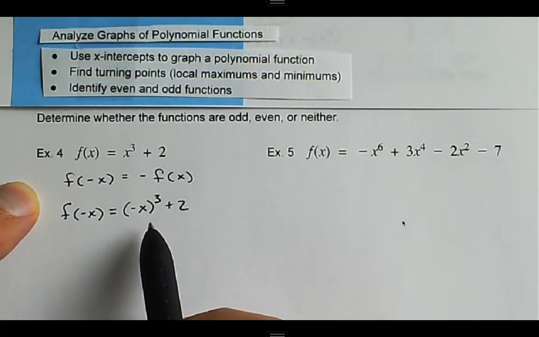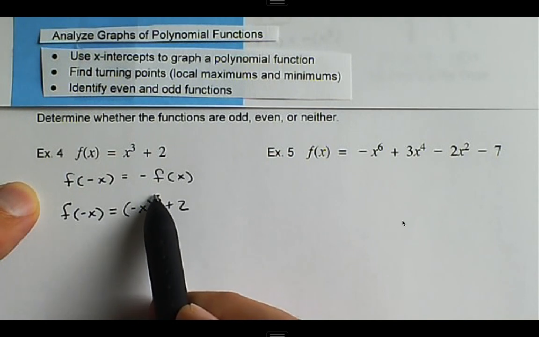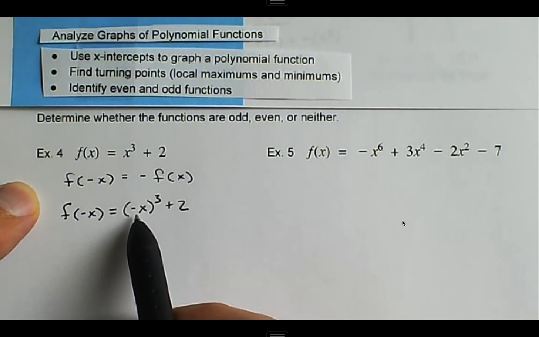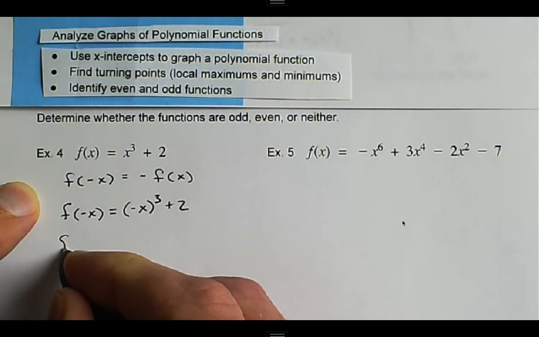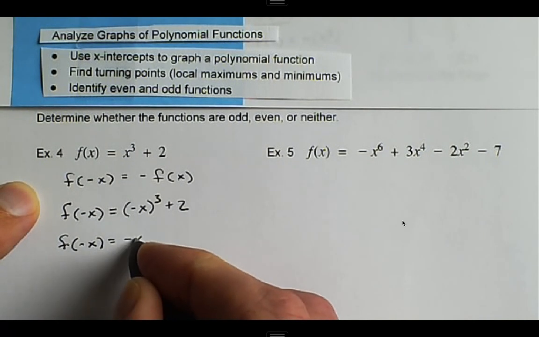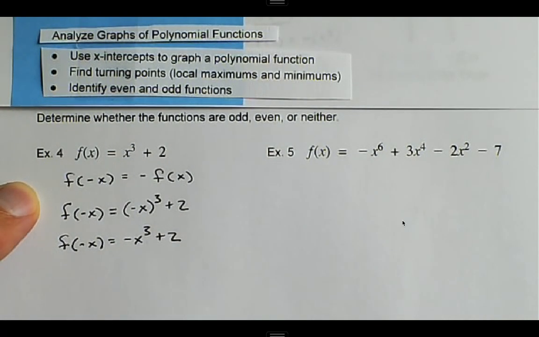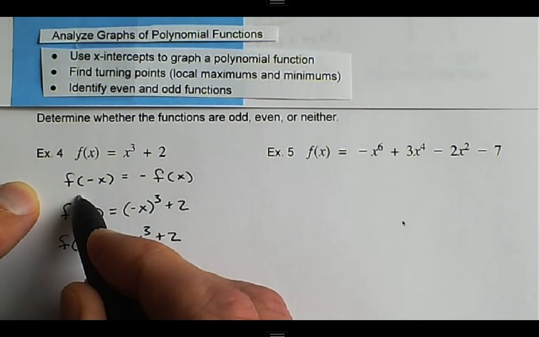And when we get done, if we substitute a negative into an odd degree, that's going to make it become negative again. So when we're all said and done, the function evaluated at negative x is going to be equal to negative x cubed plus 2. So that is one of the checks that we want to do right here.